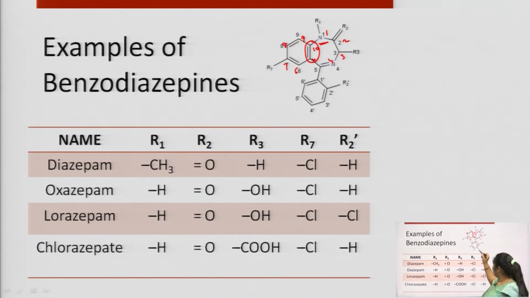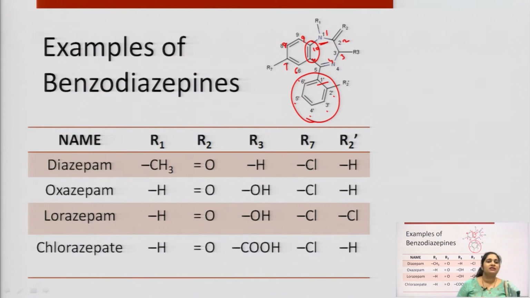Now, what did we do? This is given as 1 dash, 2 dash, 3 dash, 4 dash, 5 dash, 6 dash, to show the substitution at the substituent benzene ring. This is not the main ring; it is itself a substituent at position number 5.